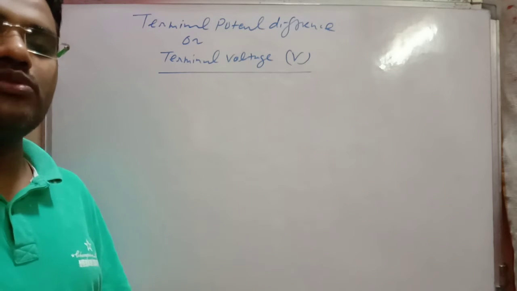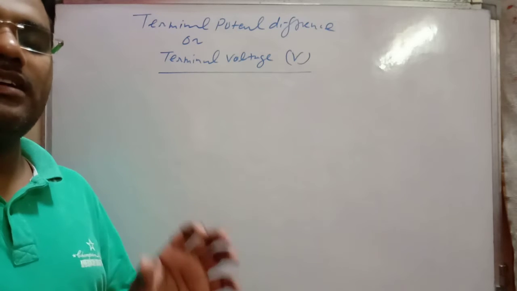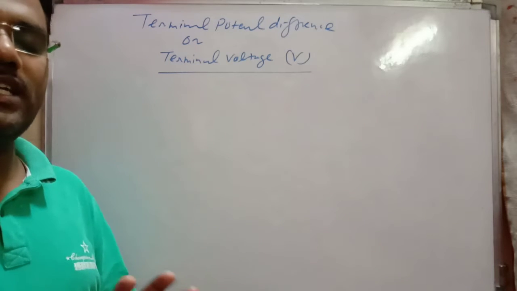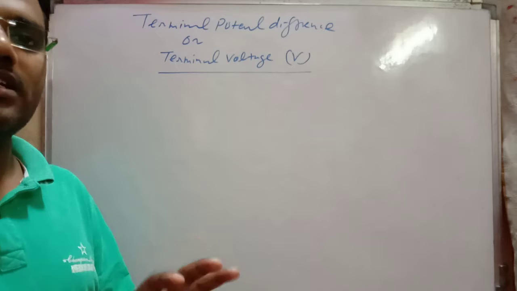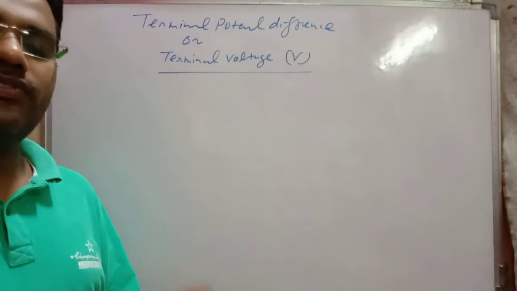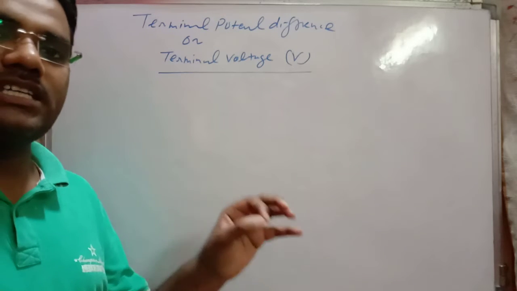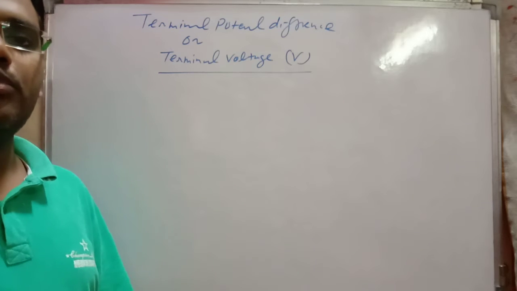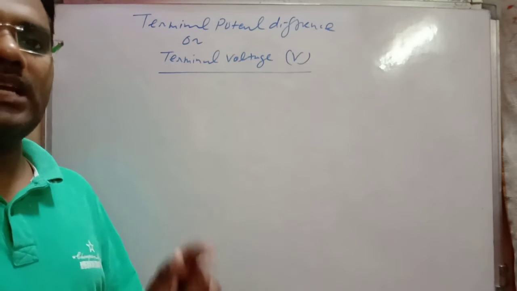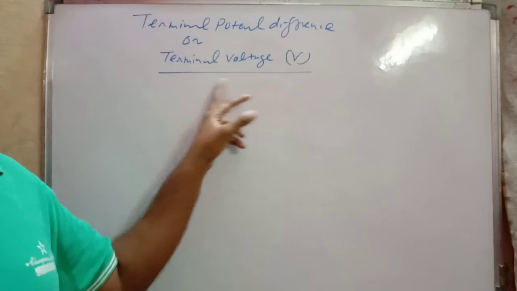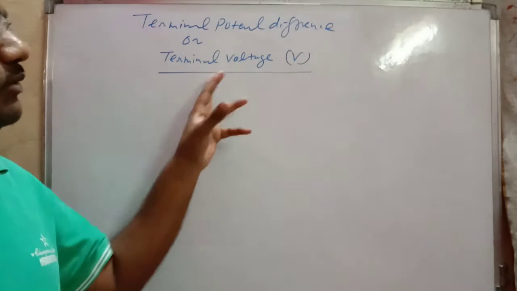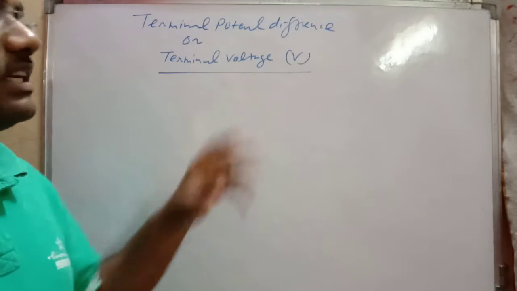That means if there is no current in the circuit, then the potential difference between the terminals of the cell is called EMF, and if there is an electric current in the circuit, then the potential difference between the terminals of the cell is called terminal voltage. Terminal voltage is for the external circuit.